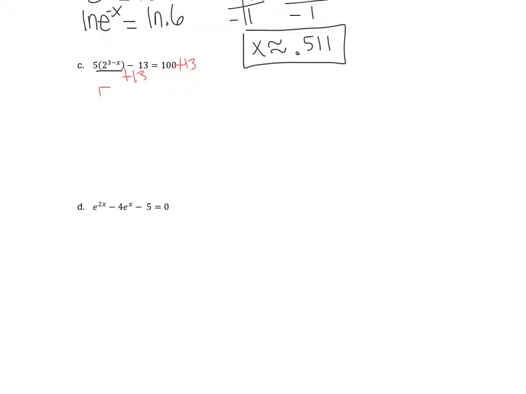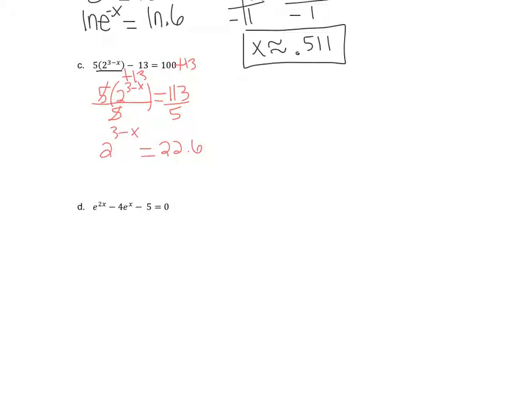So we're going to have 5 times 2 to the 3 minus x equals 113. And now I'm going to divide both sides by 5. And now I have the exponential all by itself. 113 divided by 5 is 22.6.